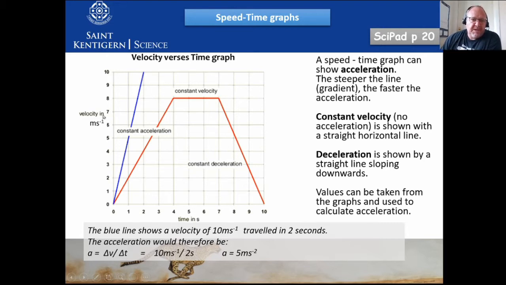So remember, we've got rise, it goes up, over run, you run away, so it stays on the x-axis. You're running on a flat line. Rise over run. So what is rise? Velocity. Over the run is time. So what is the change in speed versus the change in time? That is acceleration. Acceleration is change in speed over change in time.